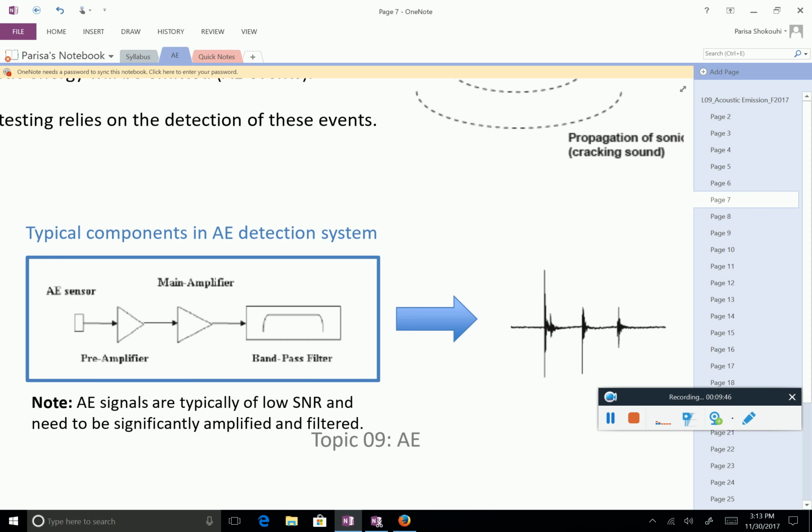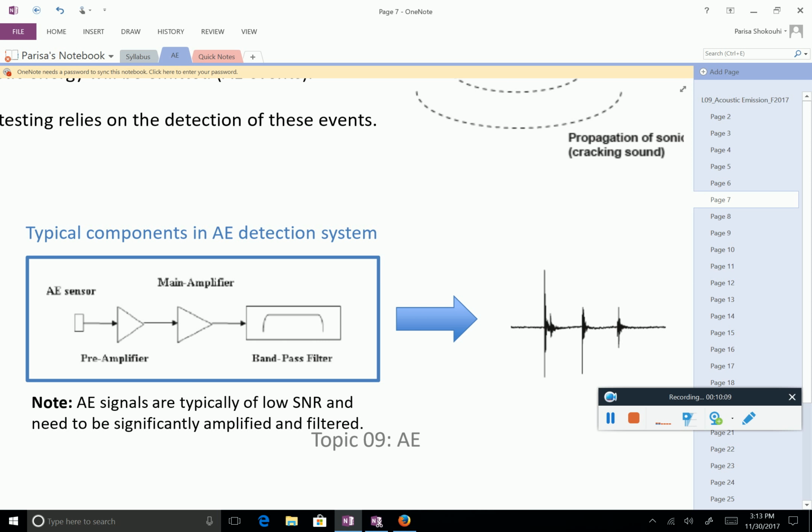To be sensitive enough, you need to amplify them. So that's why you have preamplifiers, a strong preamplification. And then, as I'll show you, you'll have a lot of noise because you're listening and there are so many small things that you can see. So you need to do a lot of filtering. And that's kind of what the basic setup would look like.